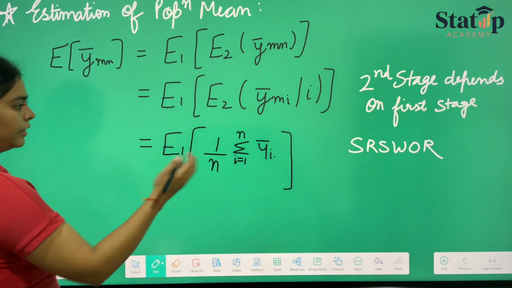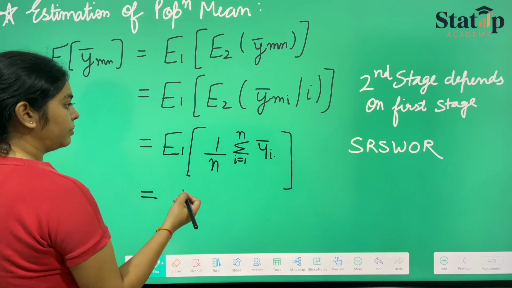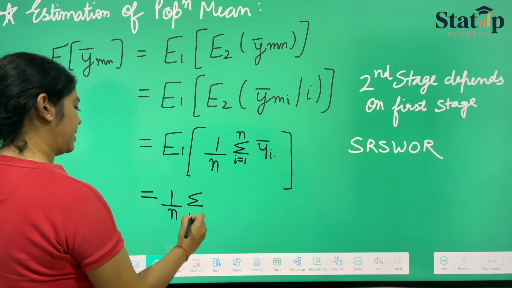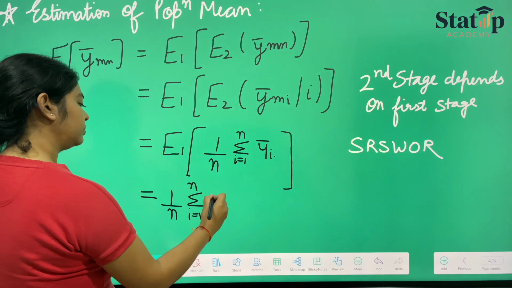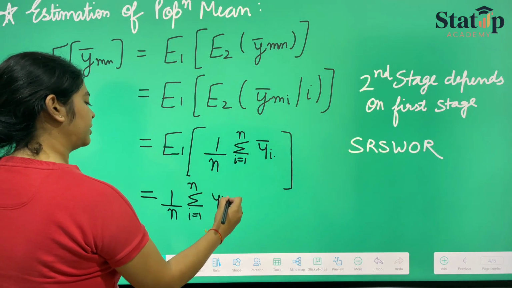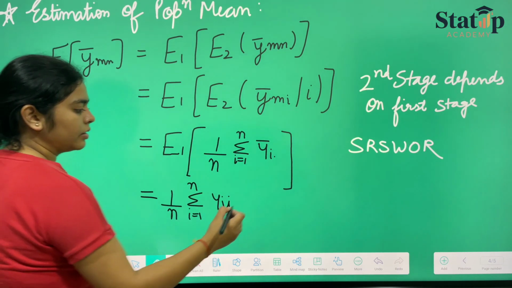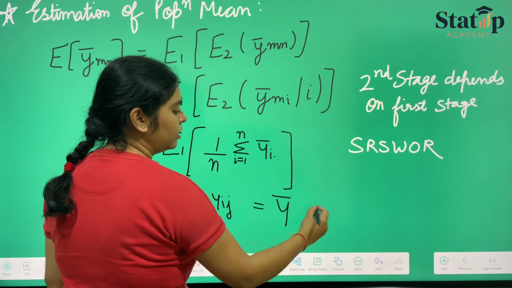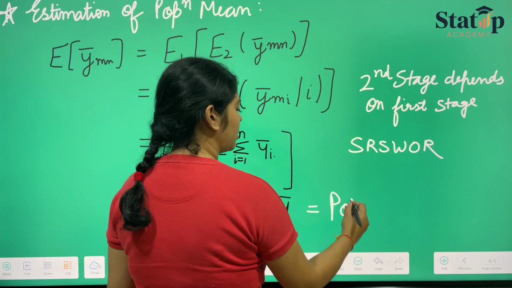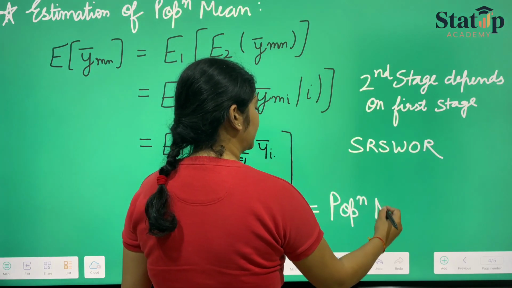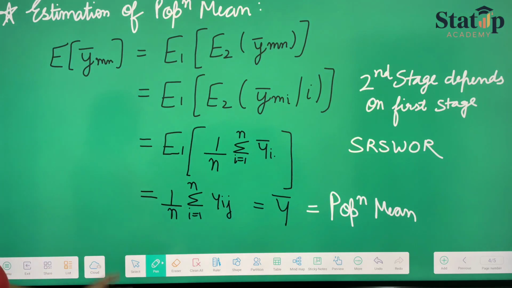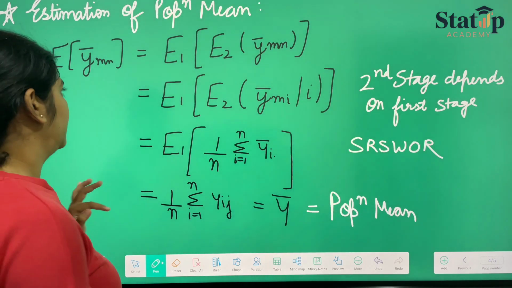And this again, if we take the expectation of this, will be nothing but 1 upon n summation i goes from 1 to n y_ij. This will be nothing but capital Y bar, which is our population mean. And hence we can say that this sample mean is an unbiased estimator of population mean.